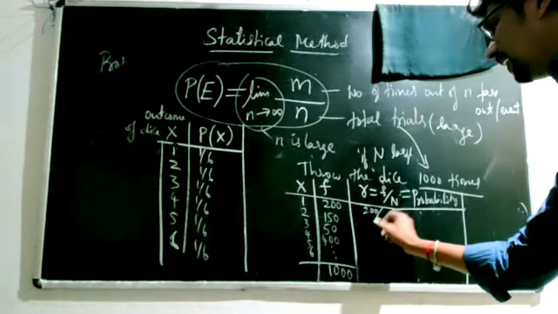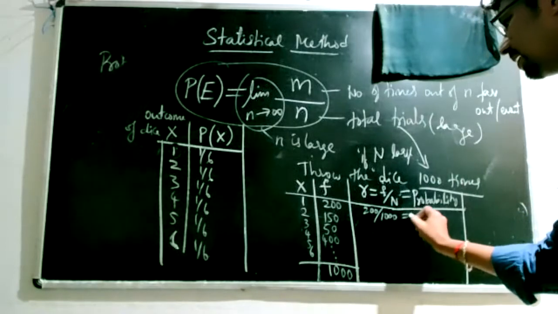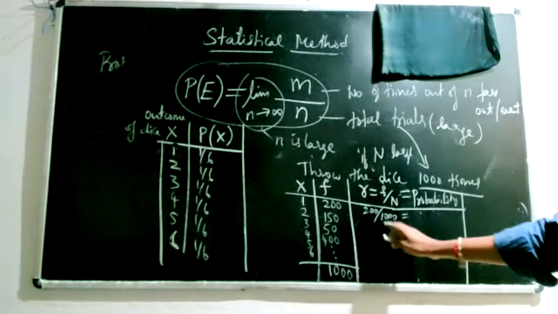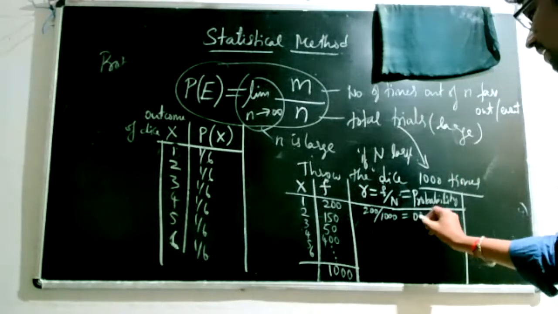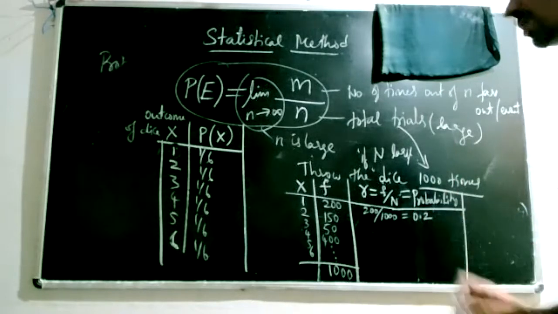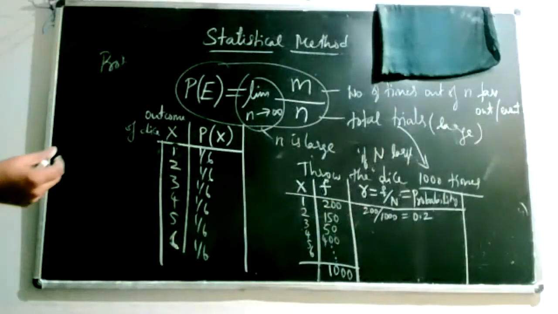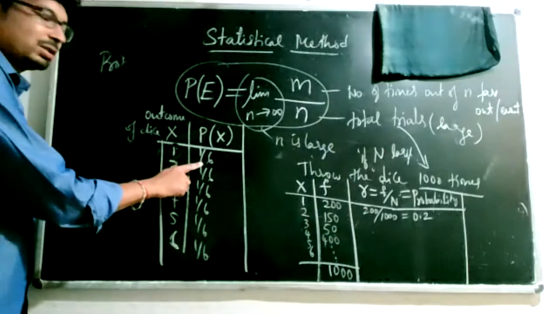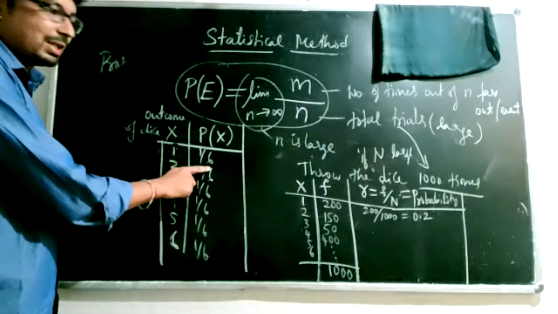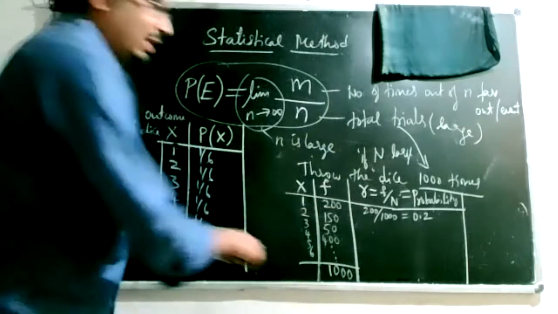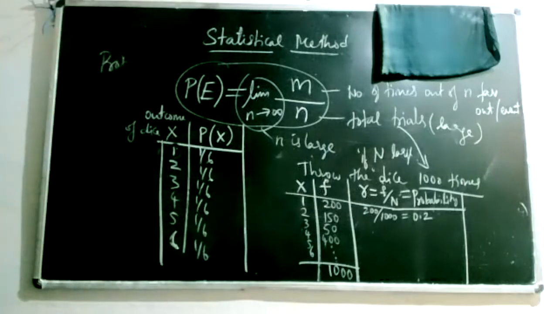So the probability of observing 1 is 200 by 1000, which is 0.2. So the chance of observing 1 is actually 20% for this particular die. It is not 16% or 1 by 6. So this method helps you in computing the probabilities.